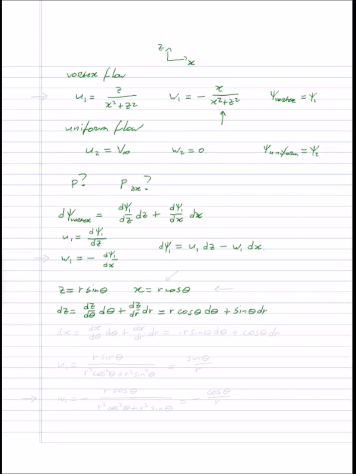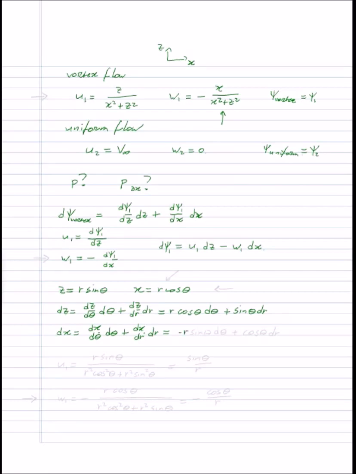Great. So we can do the same thing for x. So we've got dx is dx d theta times d theta plus dx dr times dr. So what does that give me? Well, we first take the derivative of that cosine that we've got there, and we get a minus sine.